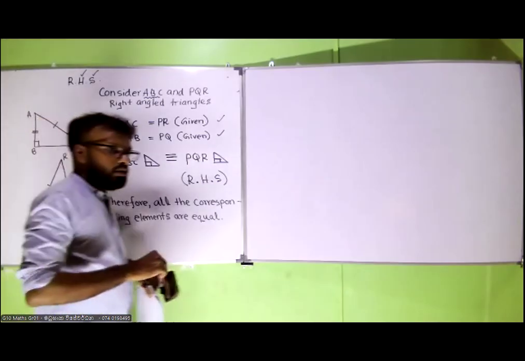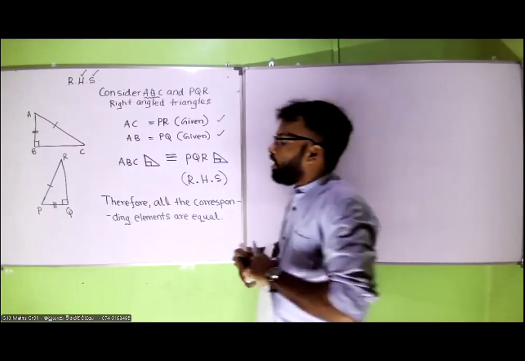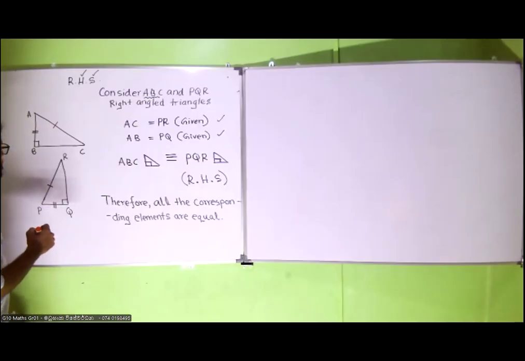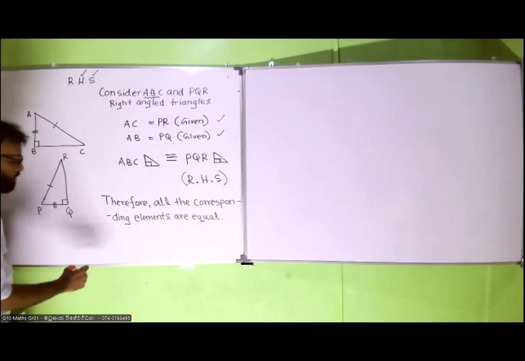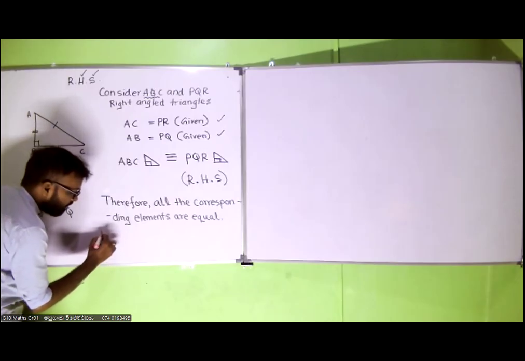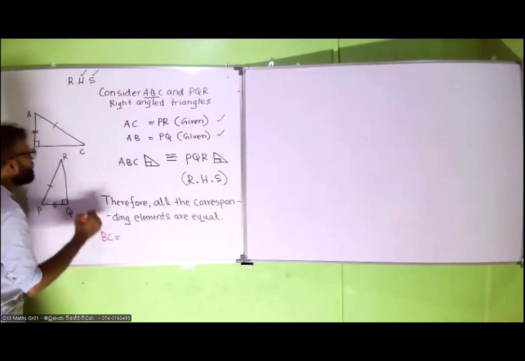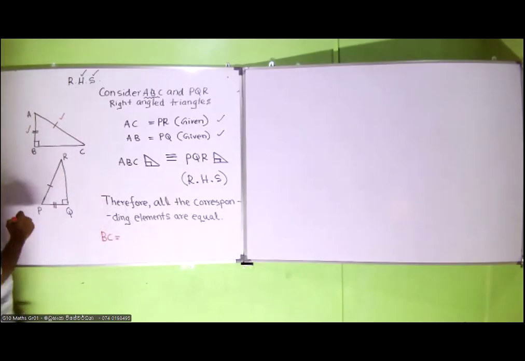Now I will take my red pen. In ABC triangle, the rest of the side is BC, because we have taken this one and this one.